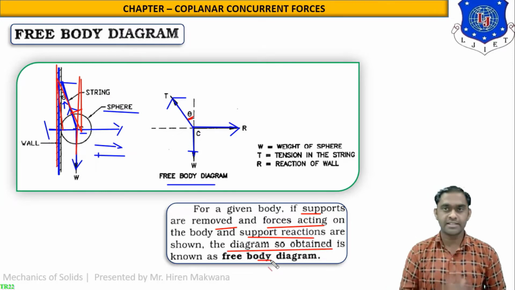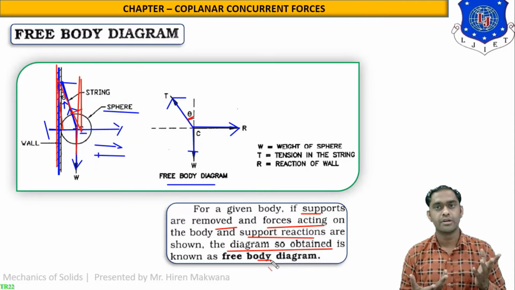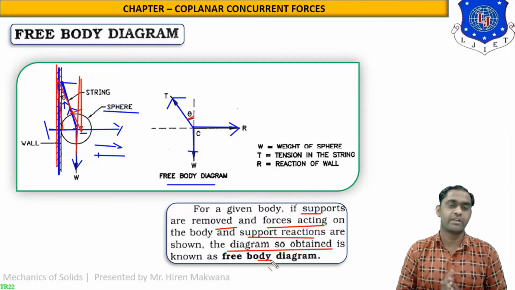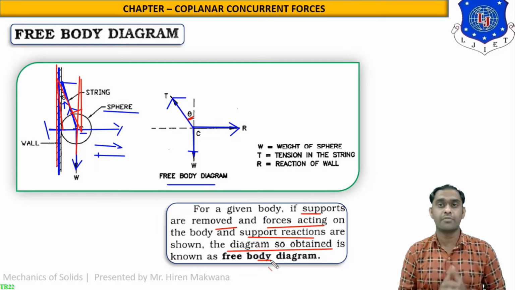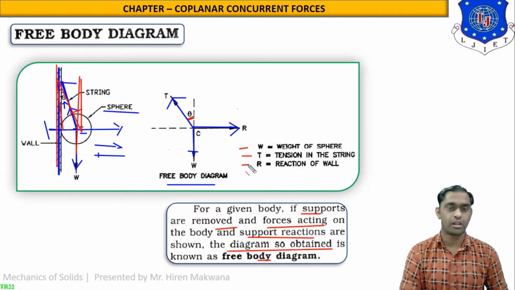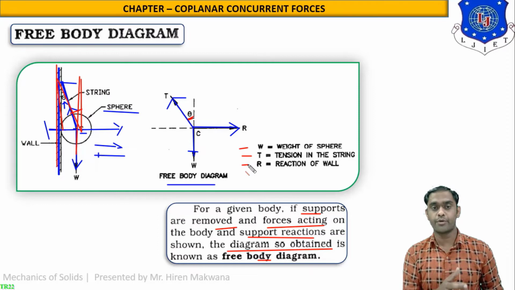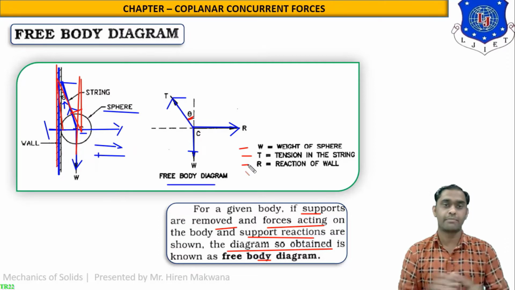So here the wall is removed, the sphere is removed, and the string is also removed. Now only the forces are available at point C. So this type of diagram is known as a free body diagram. W is equal to the weight of the sphere, T is equal to the tension in the string, and R is equal to the reaction of the wall. So this is the free body diagram. Now this type of free body diagram will be used while applying LAMI'S theorem.